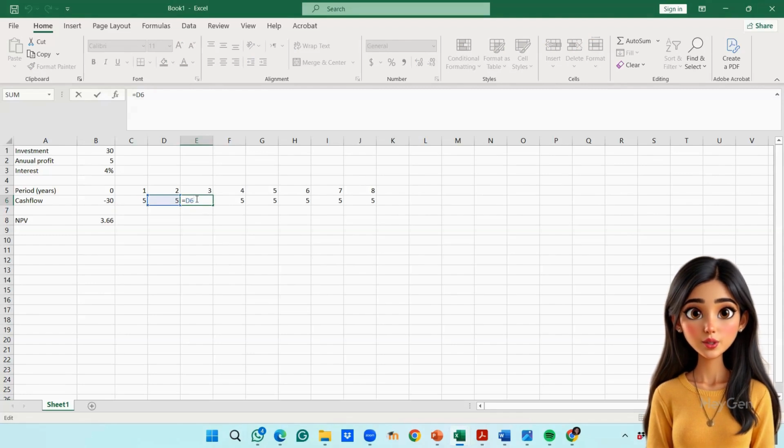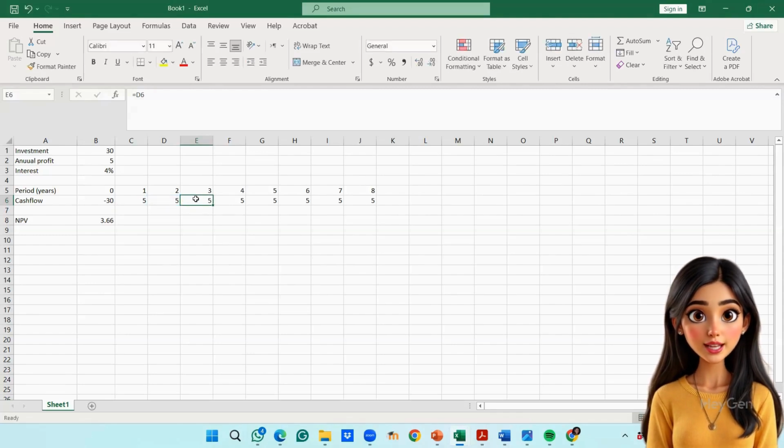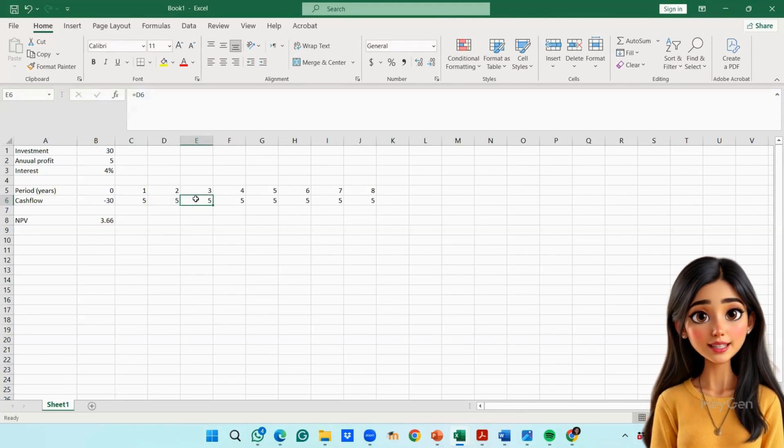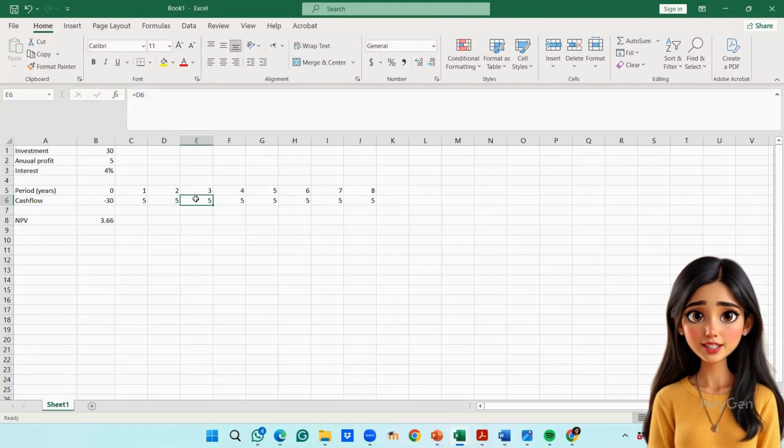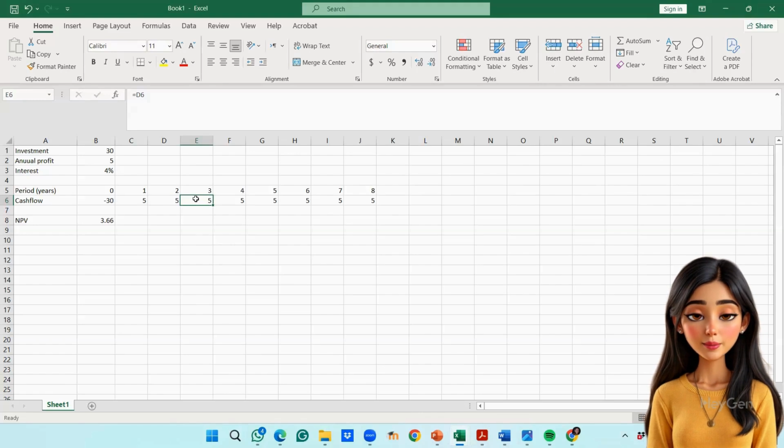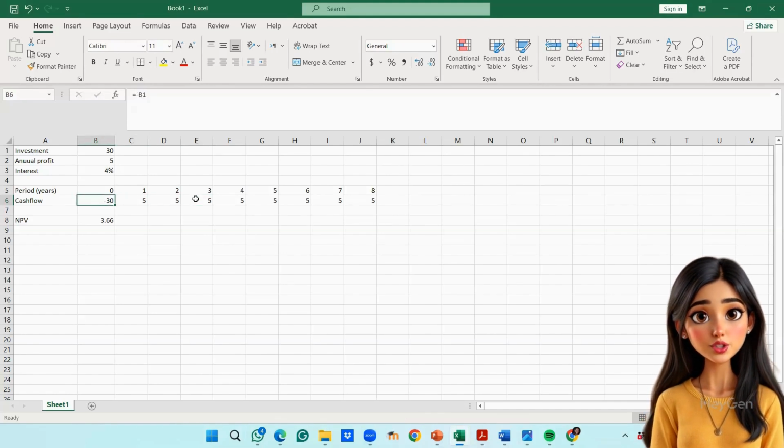Now, here's the big question. Will these future cash flows actually compensate me for the investment I'm making today? We need to keep something very important in mind here. Money today is not the same as money in the future.